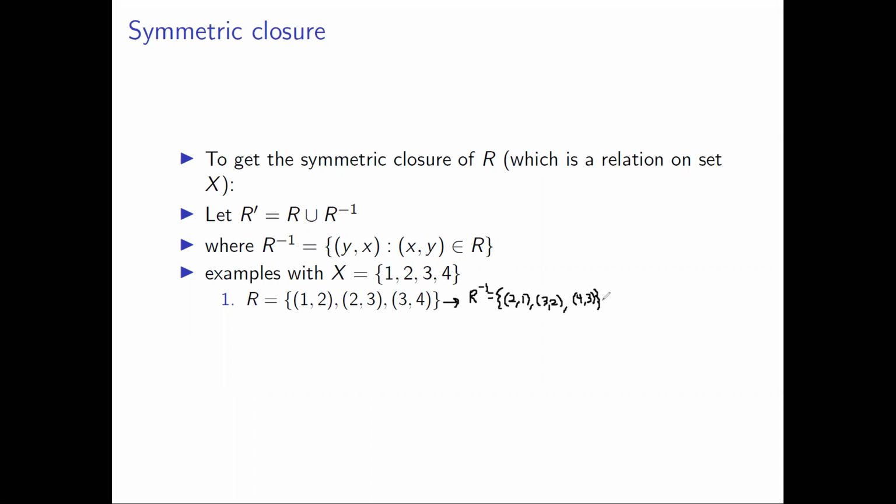And then to find the symmetric closure, we just take R prime equal to R union R inverse, and we find that union. To find the union, we just take the elements of R, 1, 2, 2, 3, and 3, 4. And then we also add on the elements of R inverse, 2, 1, 3, 2, and 4, 3.